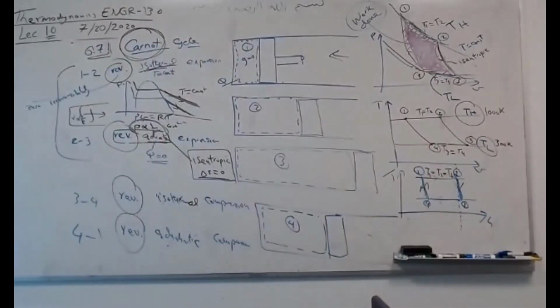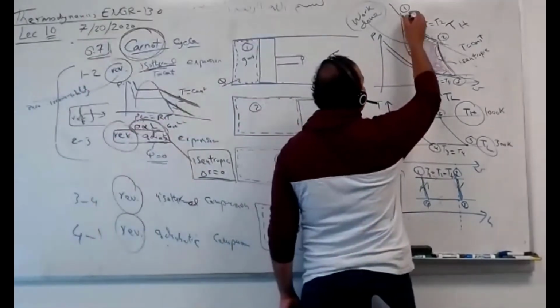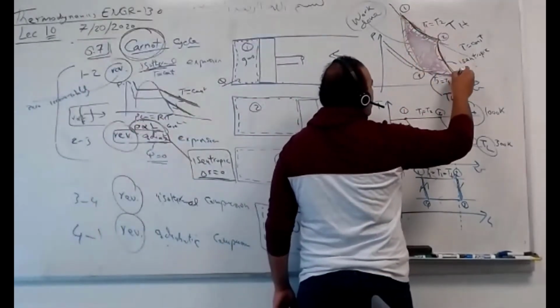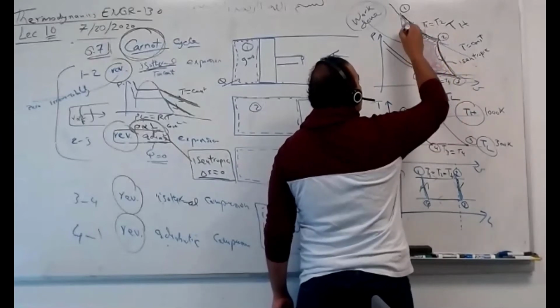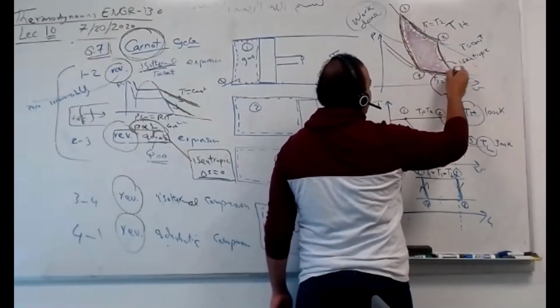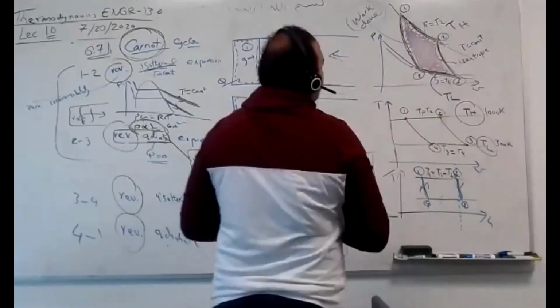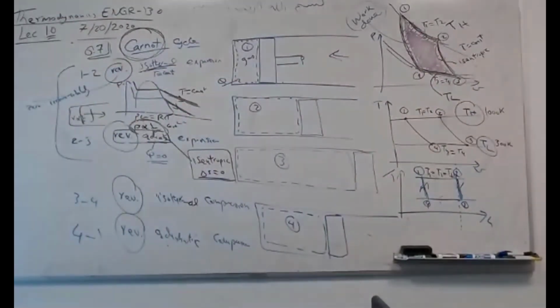In reality, guys, ideally between these black lines, let's say here in this PV diagram, is exactly the maximum power you can get. But in reality, it's smaller, like the pink color. What you get is a little bit smaller. So remember, 1, 2, reversible isothermal. 2, 3, reversible adiabatic.